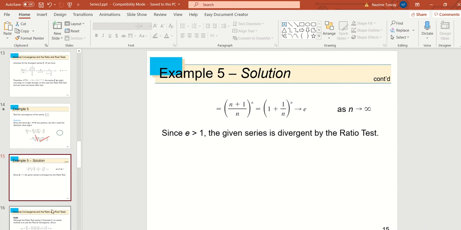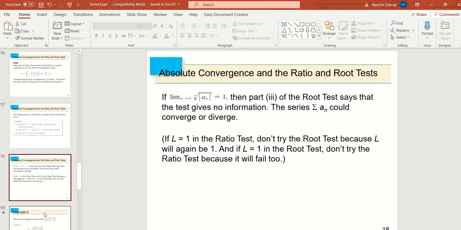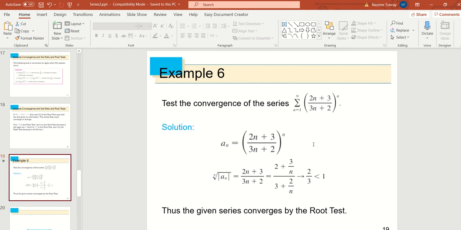However, in the sixth question, when we take the nth root, this is simplified.